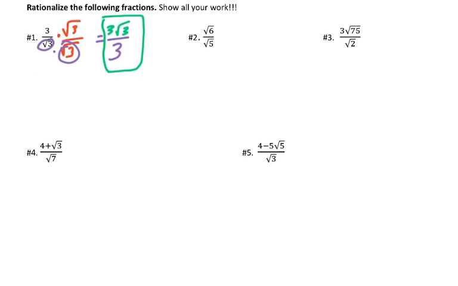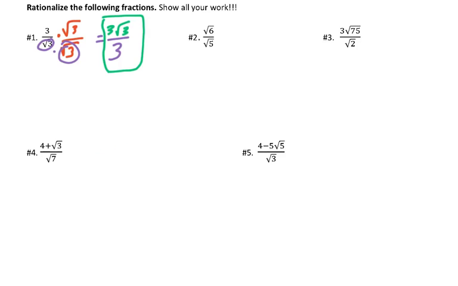What's different about these next ones is that you have a more complex expression up here. It's okay if you have two pieces, a rational and an irrational piece, like for instance 4 plus the square root of 3. If we multiply it in, we're going to multiply whatever it happens to be into both of those pieces.